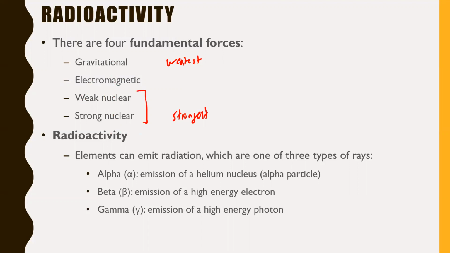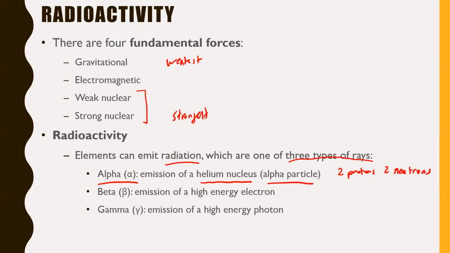So radioactivity. Elements can emit radiation, which is one of three types of rays, okay? There's alpha, which is denoted by this little symbol. It kind of looks like a weird little fish. That's the emission of a helium nucleus, an alpha particle. Remember, an alpha particle is just two protons and two neutrons.